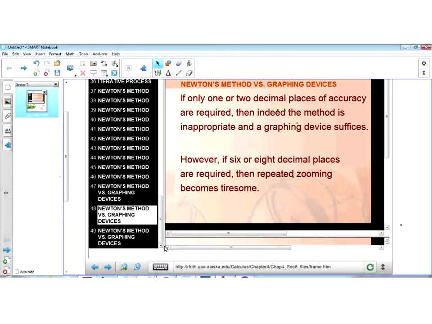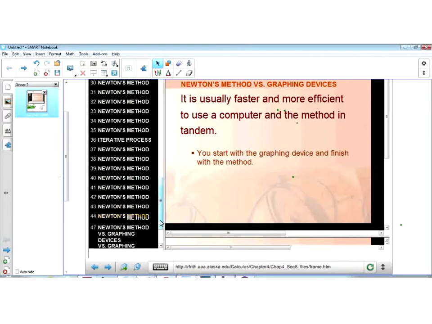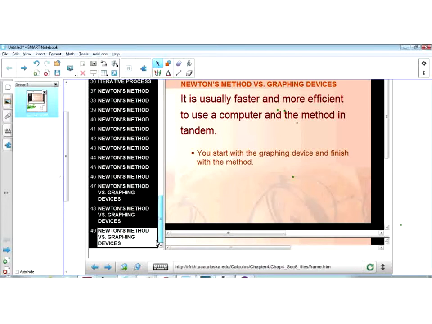But if you require ultra-precise answers like 6 or 8 decimal places, then a graphing technique may not be the correct approach because of the constant need to zoom in.